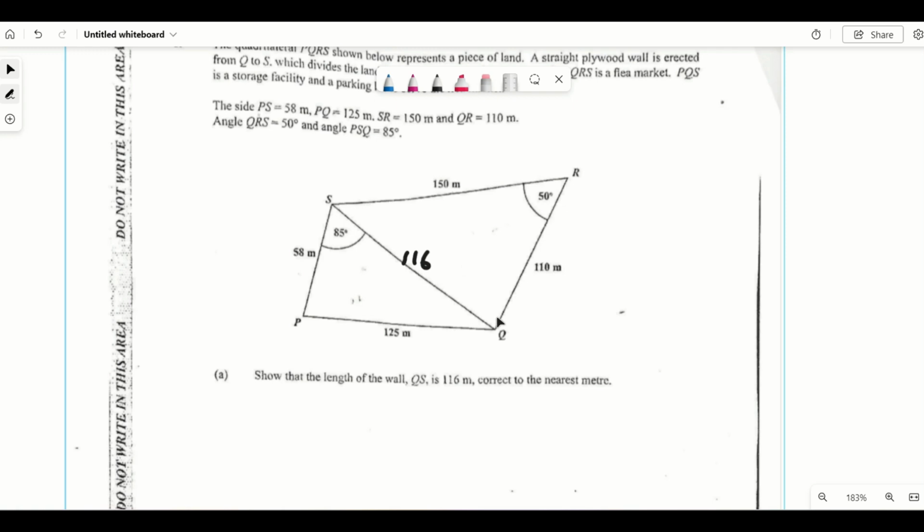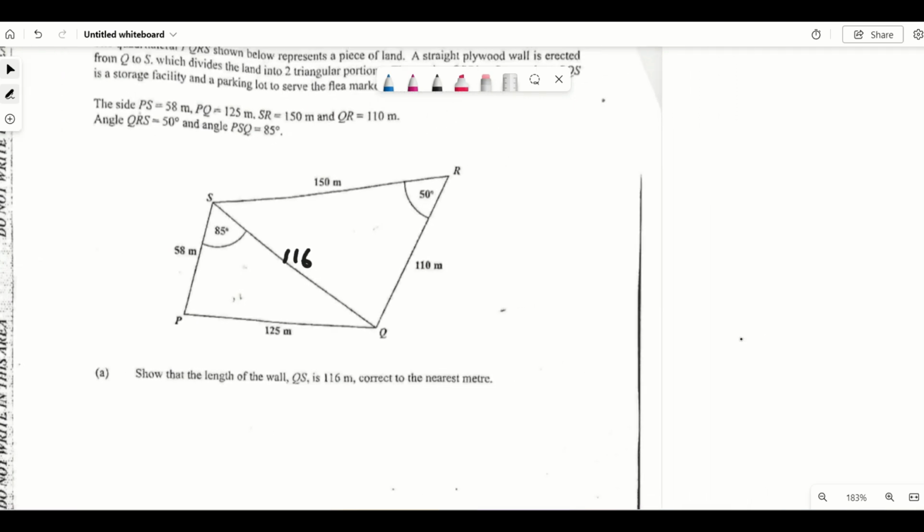Now, looking at the two different triangles, for the part we're trying to find, we're going to use QRS. We have two sides, 150 and 110, and a corresponding angle. The corresponding angle for this side would be angle R. So basically, we have the cosine rule.